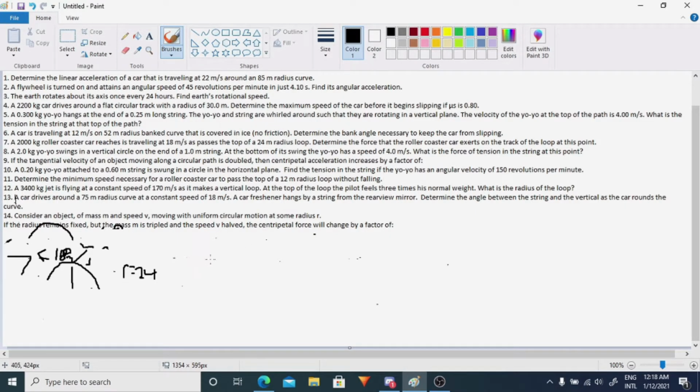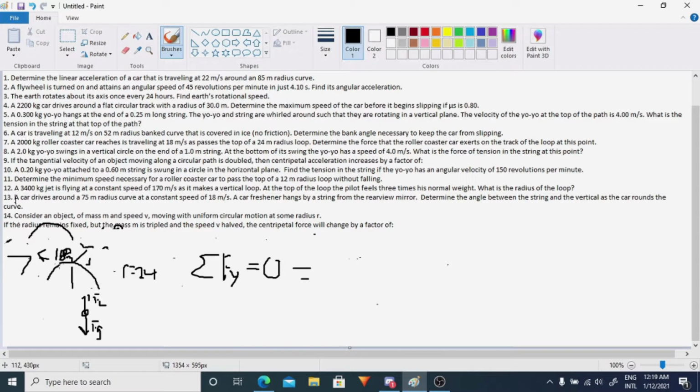So, sum of all forces in the y direction is going to equal 0. Once again, it's only moving in the x direction, and as it's moving this way, the centripetal force is going to be pushing it up again. So in the free body diagram, we're going to have force centripetal, and the force due to gravity is going downwards.